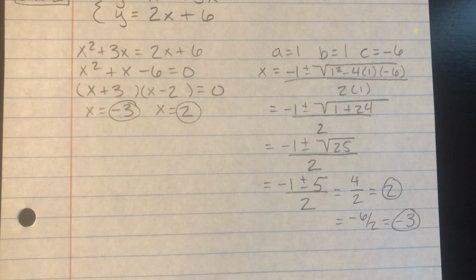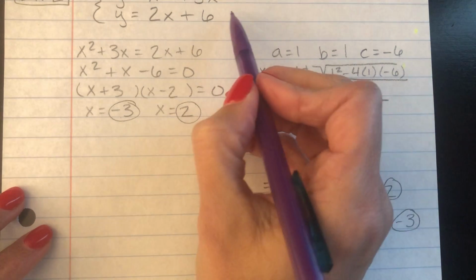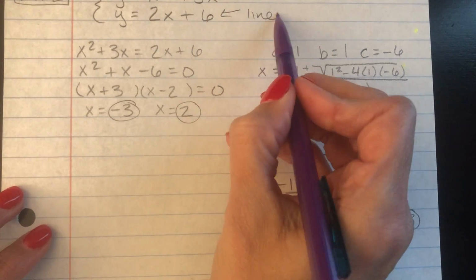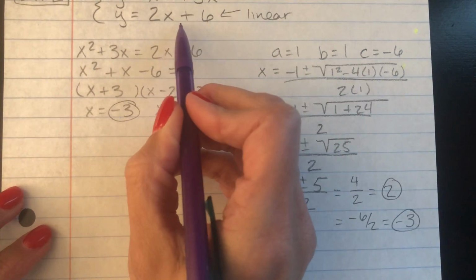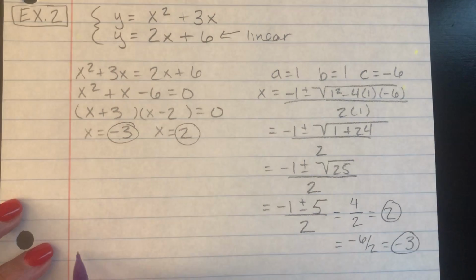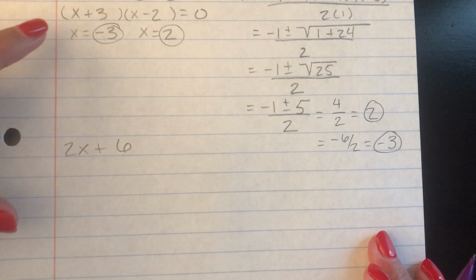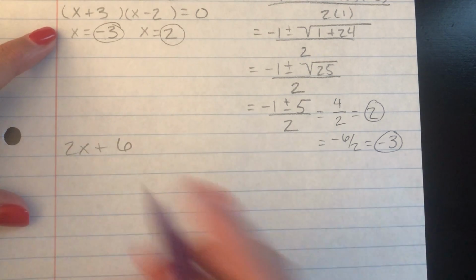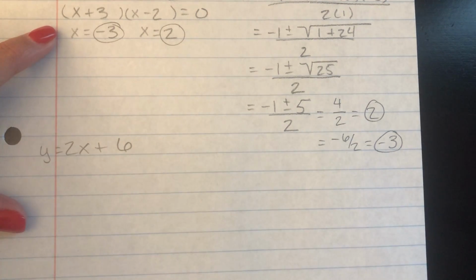Once you get your x's, you're ready to find y. So we're going to grab this linear equation from our original problem here, 2x plus 6, and then we're going to plug in our x values to find y.